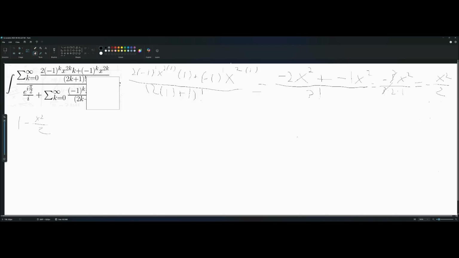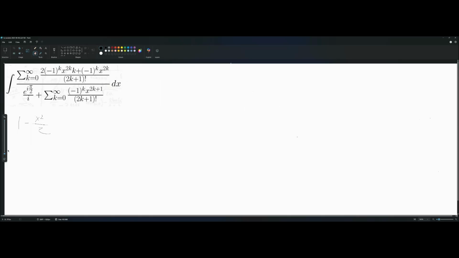Let's do this third term, and then I'm going to make a very cool comparison. For our third term, 2 times negative 1 to the second times x to the 2 times 2, plus negative 1 to the second times x to the 2 times 2, over 2 times 2 plus 1 factorial. When we simplify, you get 4x to the fourth plus x to the fourth over 5 factorial, which is 5x to the fourth over 5 times 4 times 3 times 2 times 1.